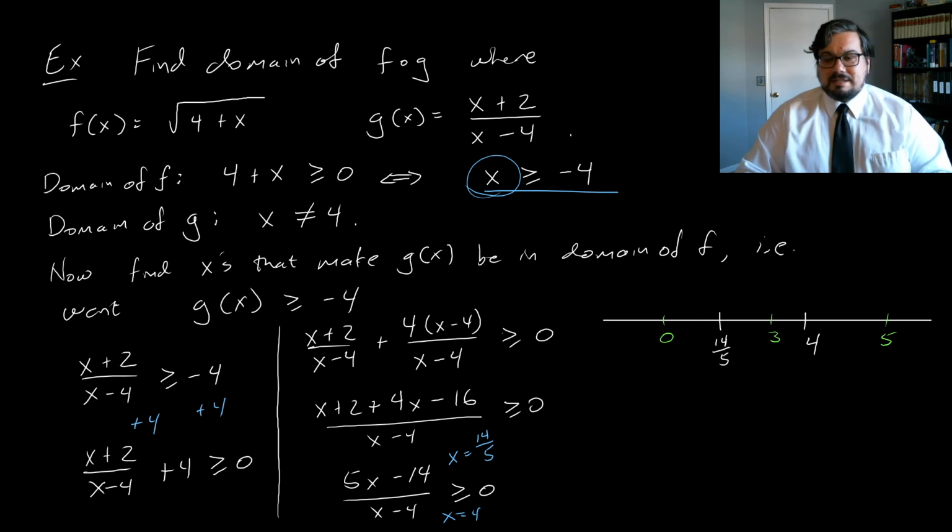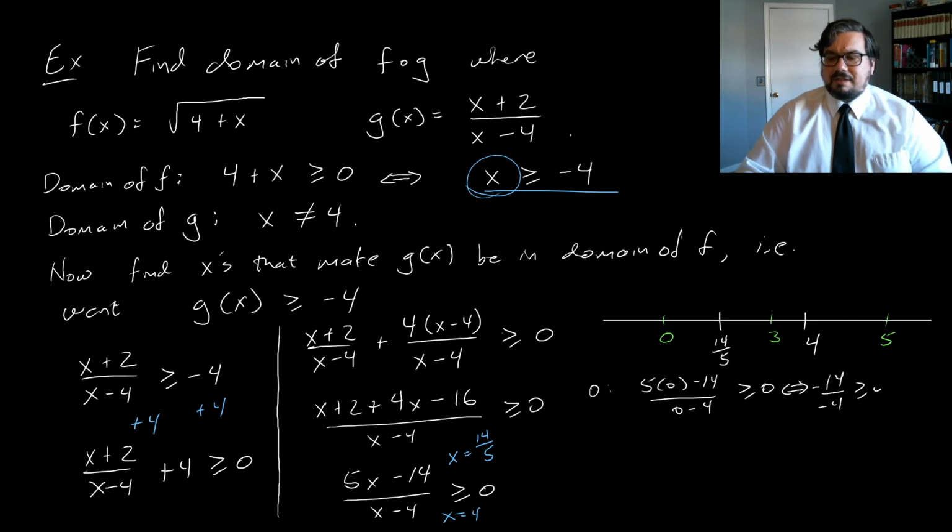So if we plug in 0, we get (5 times 0 minus 14) over (0 minus 4) is greater than or equal to 0. That gives us negative 14 over negative 4 is greater than or equal to 0, which is true, because a negative divided by a negative is a positive.